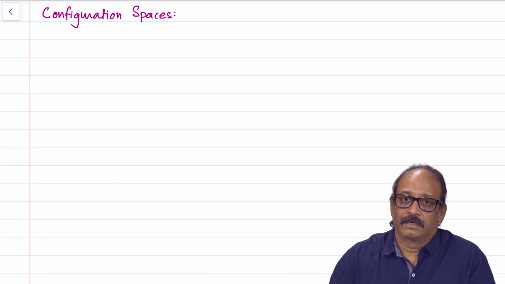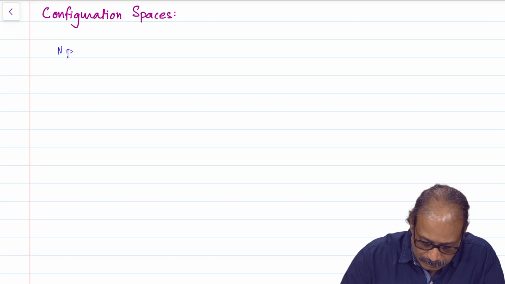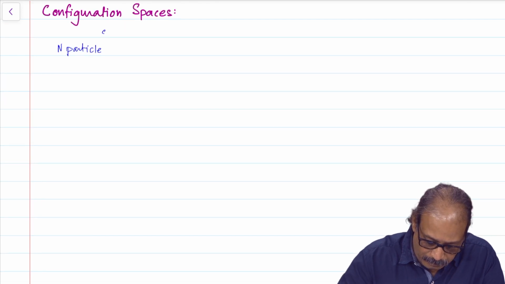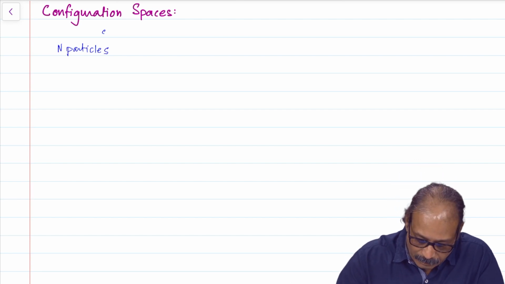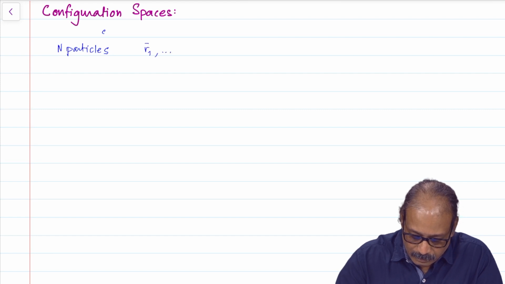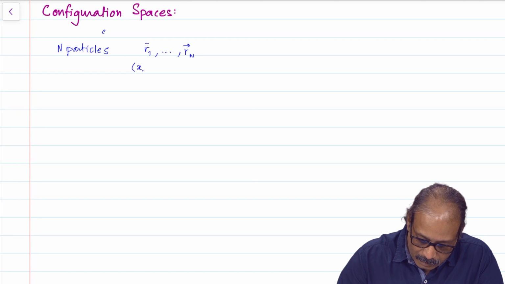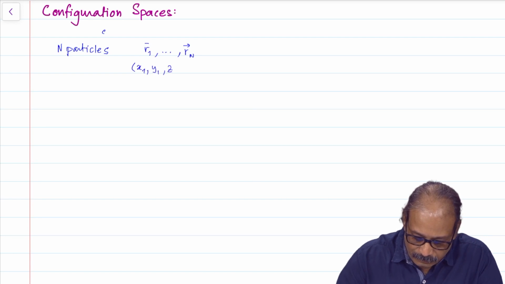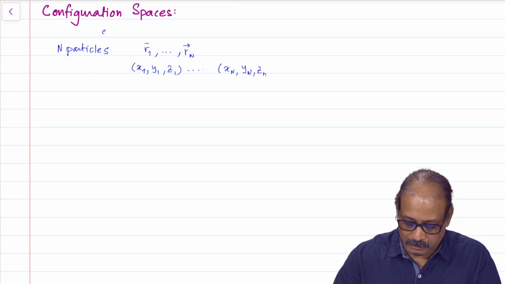Okay. Now, consider a mechanical system with n particles whose position vectors are given by r1 vector up to rn vector, and the corresponding coordinates are given by x1, y1, z1, and similarly all the way up to xn, yn, and zn.